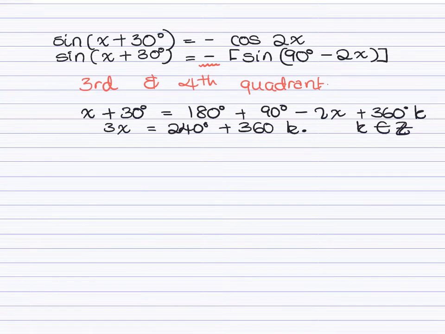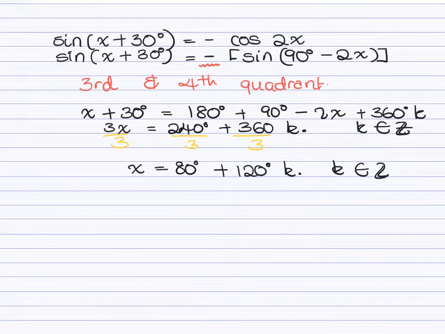Now in the last step, you are going to divide everything here by 3. Once you have done that, your first general solution will read as follows: 80 degrees plus 120 degrees k, k being an integer. So this is our first general solution.